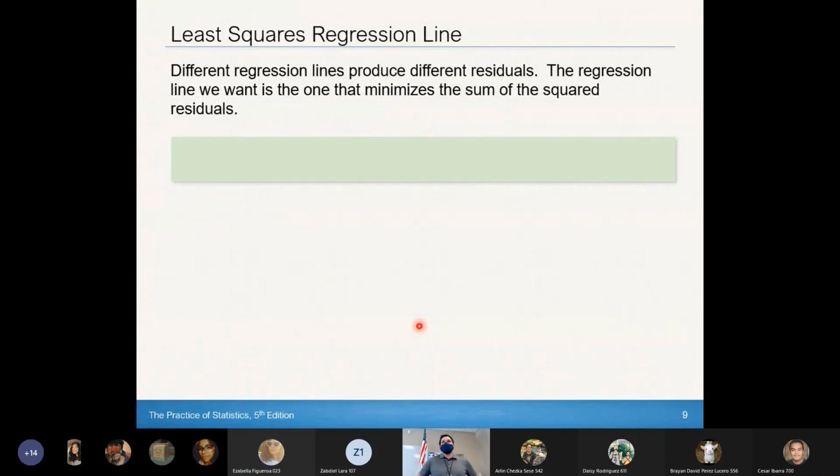Different regression lines produce different residuals. The regression line we want is the one that minimizes the sum of the squared residuals. Squared residuals are used because they give us positive distance. Any number squared will be a positive number.